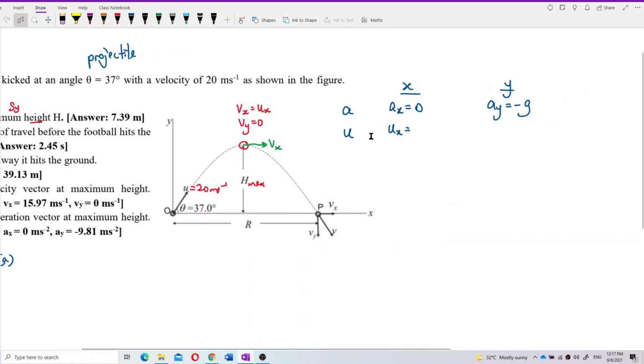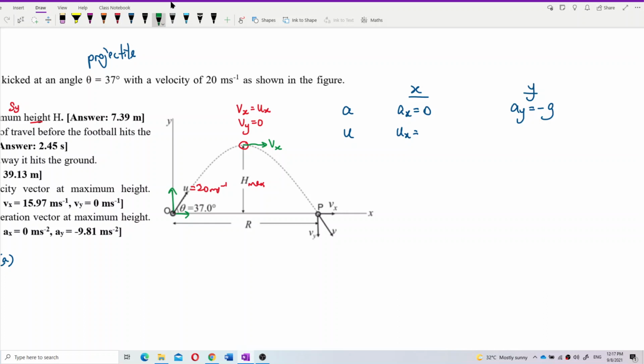Ux. How do we find the ux? Look at the diagram. It has x and y components.